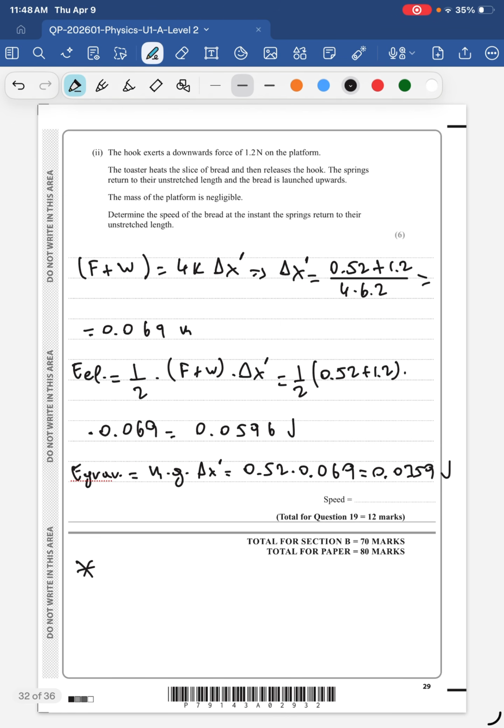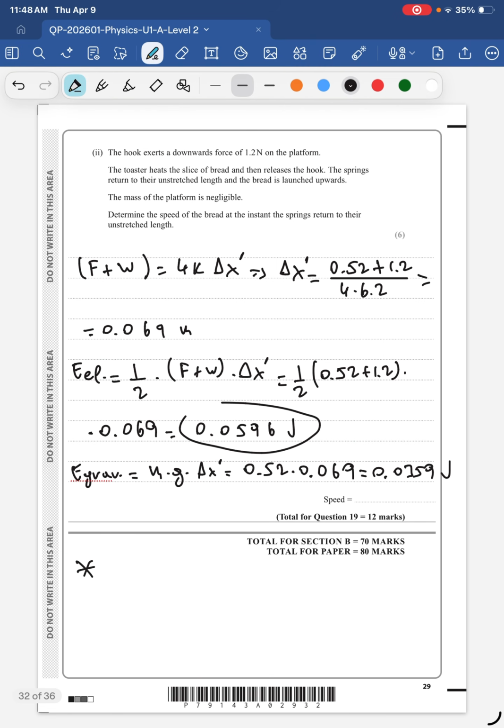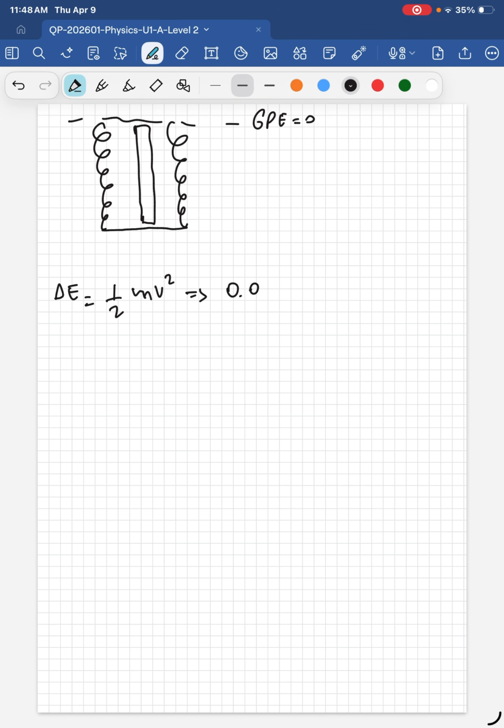Okay, so pretty much delta E is 1/2 mv squared. So delta E is the elastic strain energy, 0.0596 minus the gravitational potential energy, because the bread is going to travel all the way up here, right? So minus 0.0359, and this is going to be equal to 1/2 and I'm going to write m as weight over g times v squared, because they don't give us the mass, they give us the weight.